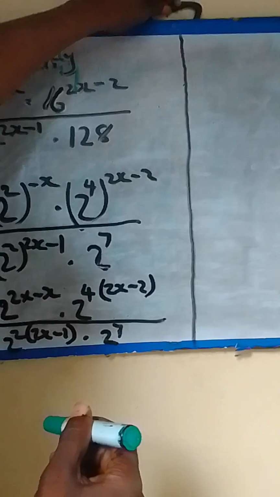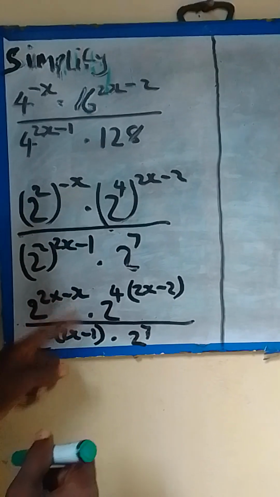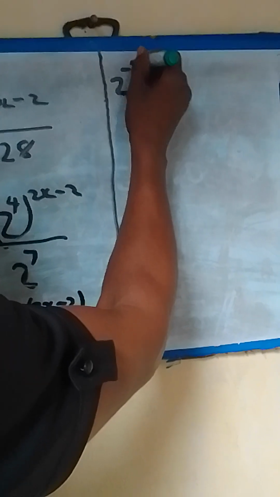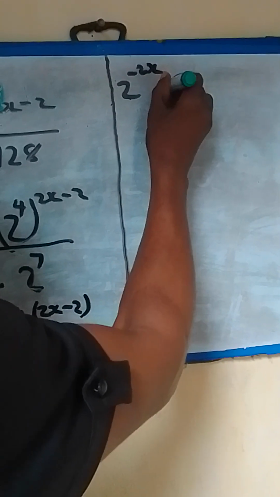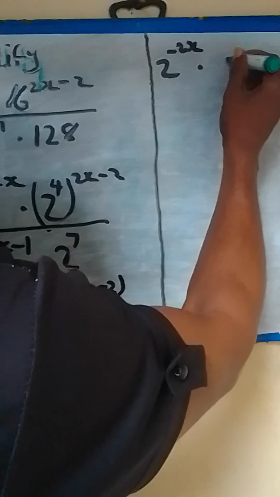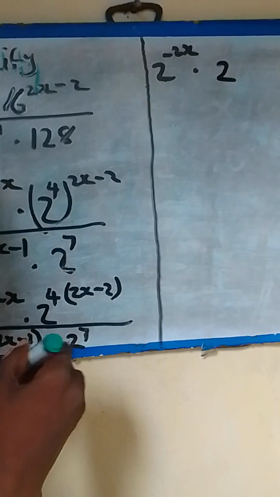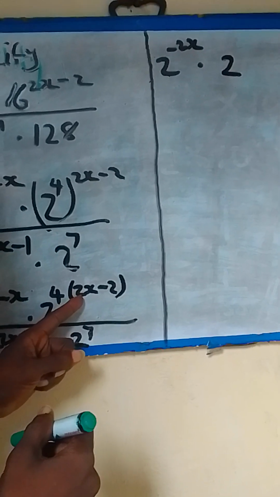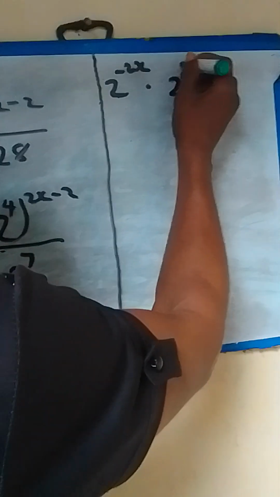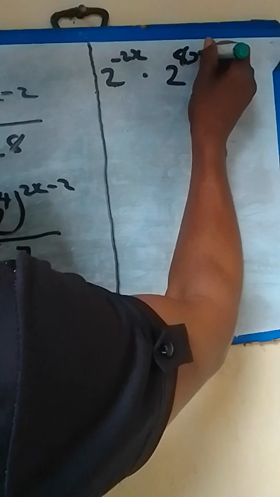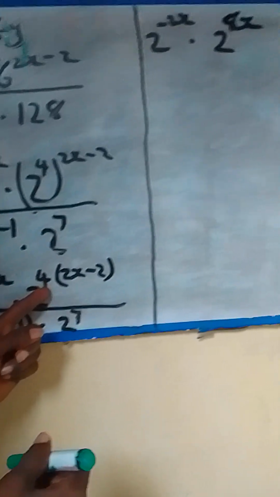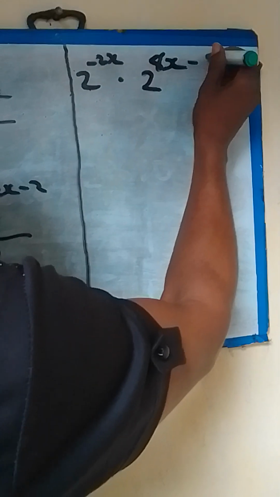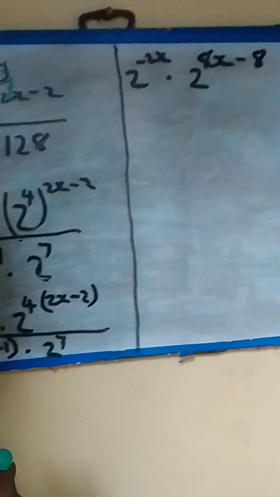So what you need to do in this case is that 2 times minus x will give us minus 2x, times 2 here. So this means 4 will multiply everything inside this bracket. So it becomes 4 times 2x is 8x, 4 times minus 2 is minus 8.